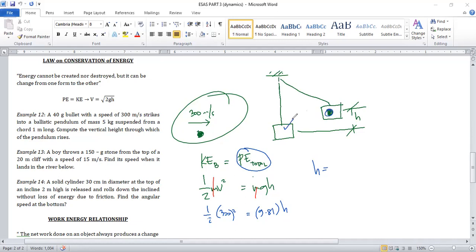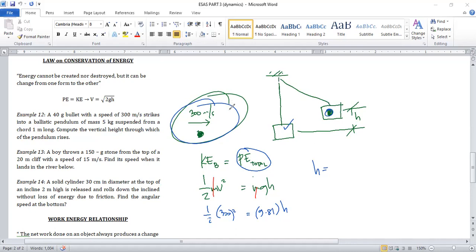So we need to find a way to analyze the potential energy possessed by the bullet embedded in the pendulum, and the kinetic energy also of the bullet and the pendulum, not the bullet itself.